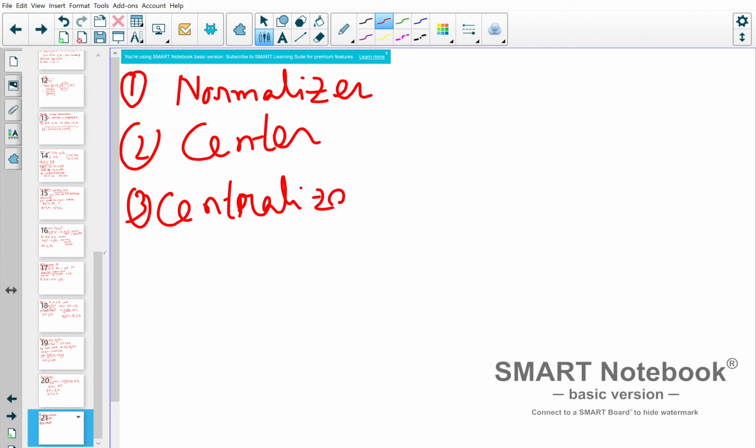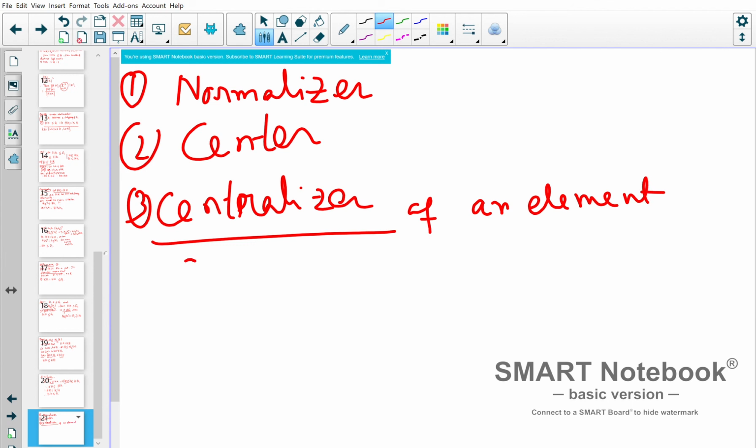Centralizer of an element, or as a set also. So for an element, how to define centralizer of an element, say g of G?